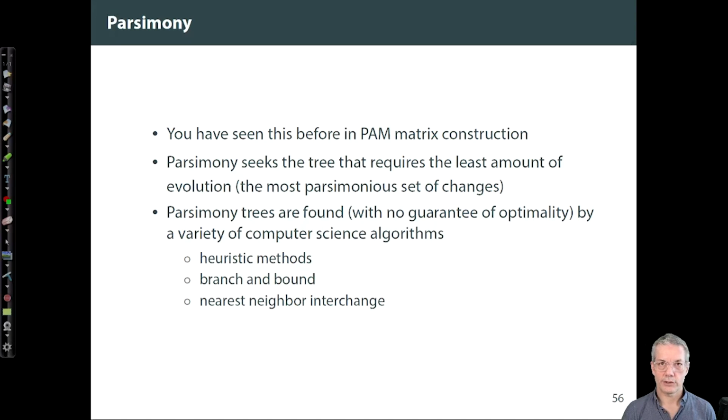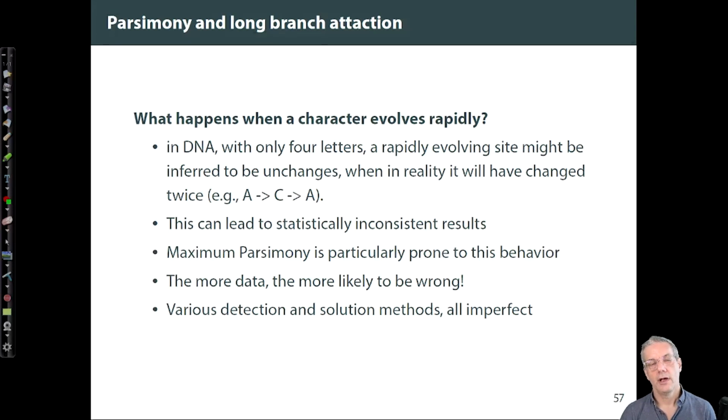One of the characteristics of parsimony, which its critics really don't like, is that parsimony has a particular susceptibility to a problem called long branch attraction. The idea is very often found when a particular character evolves very rapidly. So maybe one character or a subset of characters evolves very rapidly along a particular branch in evolution.